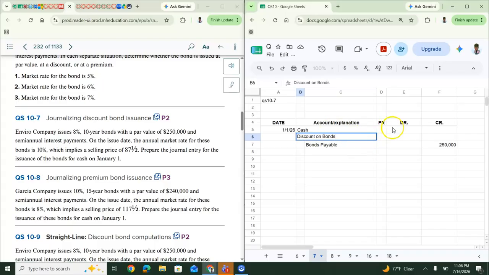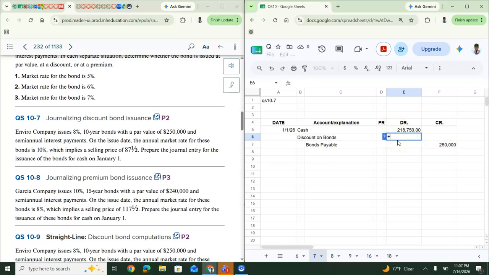And how do we get the amount? First I'm going to calculate the cash proceeds, which is going to equal the par amount multiplied by 0.875. That's the 87.5%. I'm going to go ahead and enter.